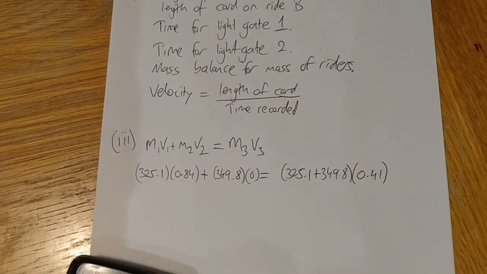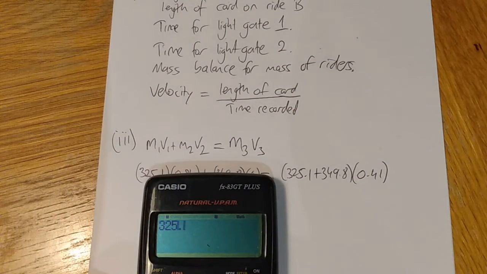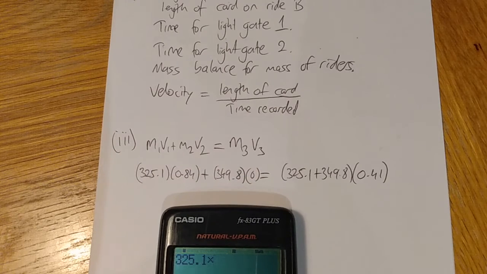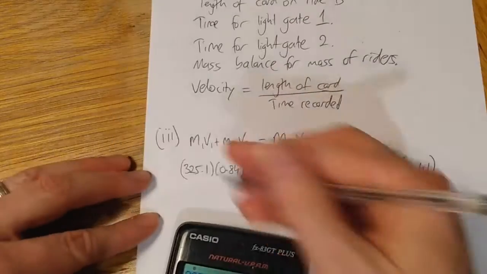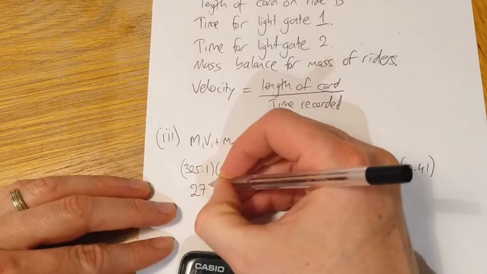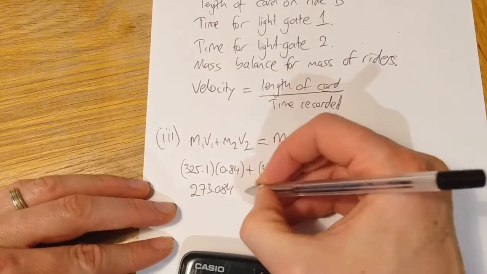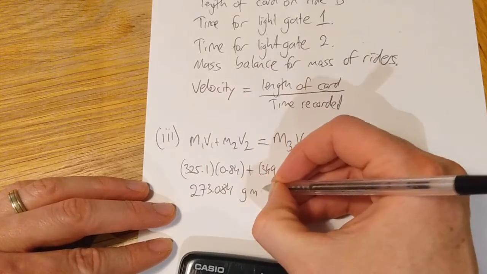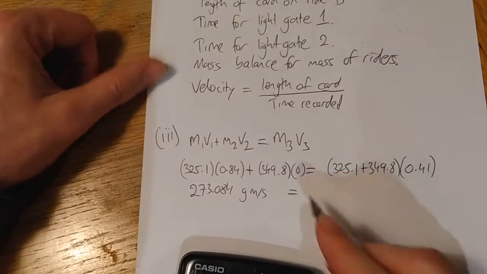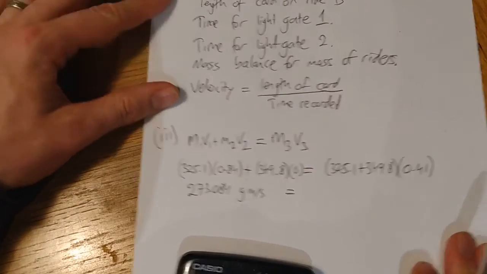So we do 325.1 multiplied by 0.84, which gives me 273.084 gram meters per second. We're not counting this, remember, because it's 0, so we don't need to worry about that.